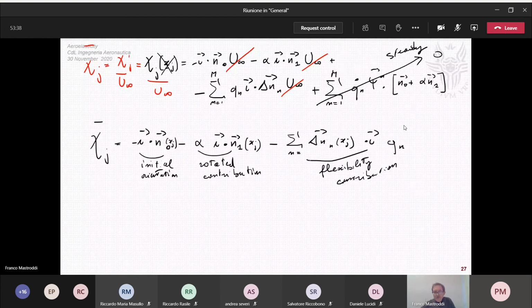Now, remember here what you have. Here we have this quantity. Focus on this quantity. We have already studied this quantity.